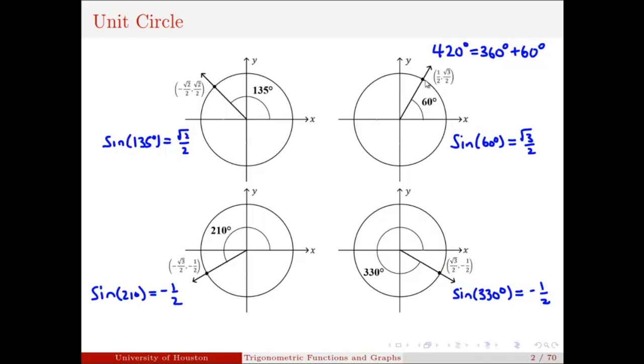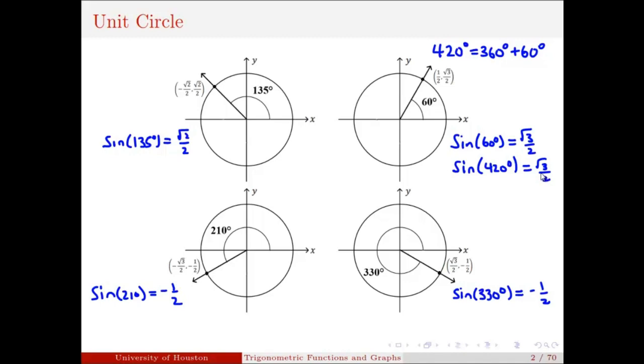This takes us to the point (1/2, square root of 3 over 2), which is the same as the point corresponding to 60 degrees. Therefore, sine of 420 degrees equals sine of 60 degrees, which is root 3 over 2.